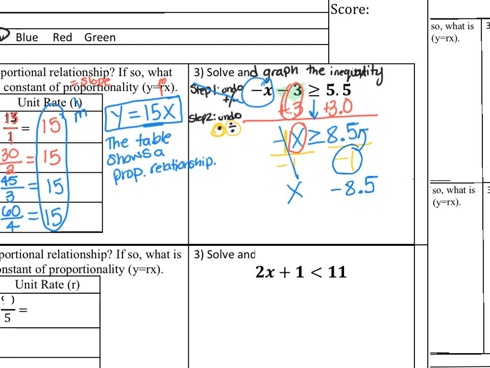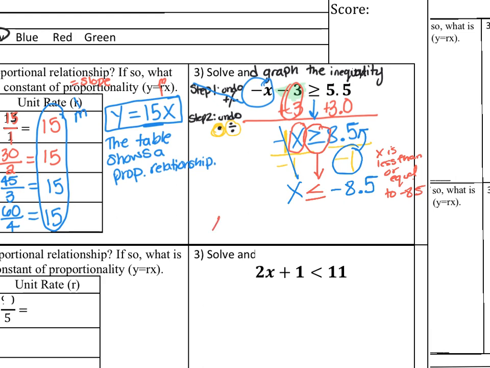When you divide by a negative or you multiply by a negative, the inequality flips. So it goes this way now. So now instead of greater than, we have less than. X is less than or equal to -8.5. That's the statement.